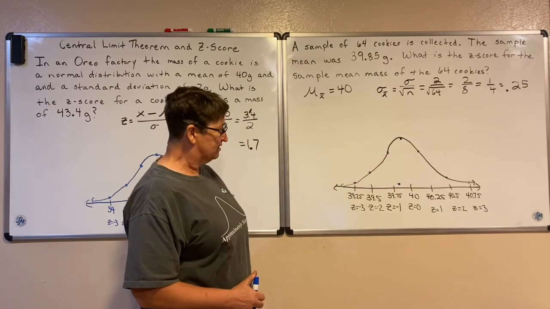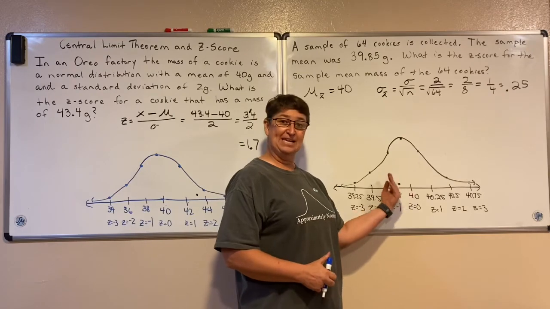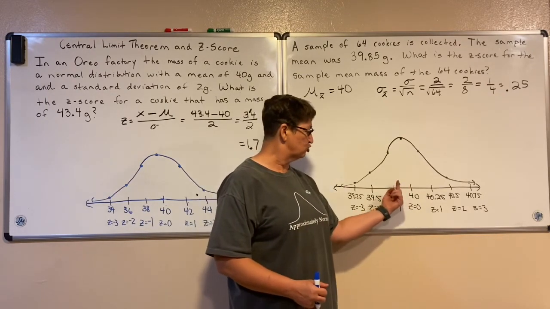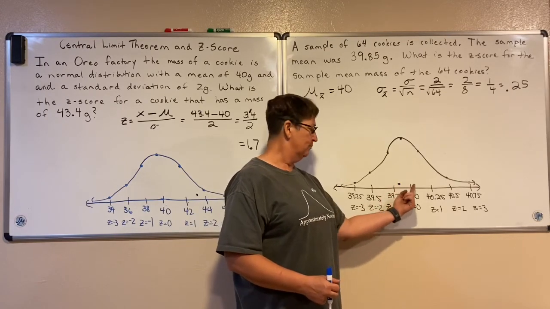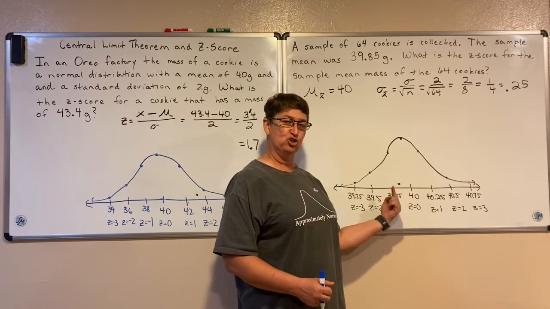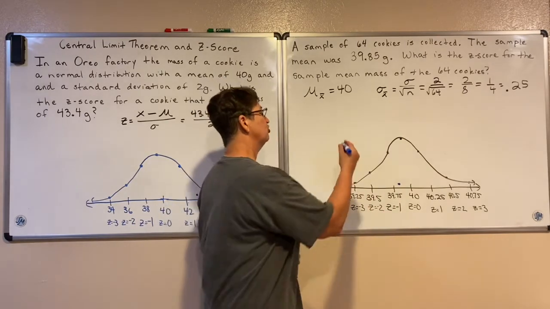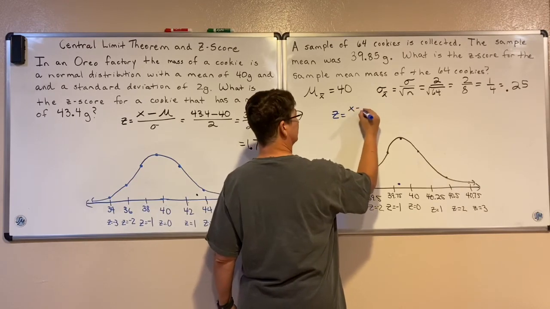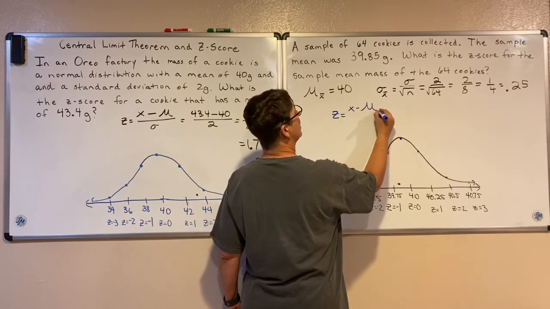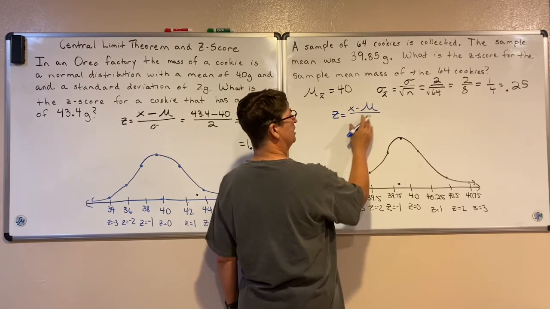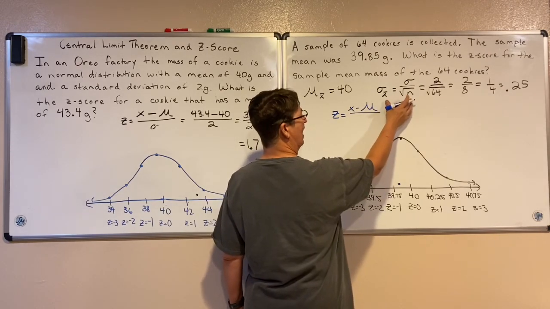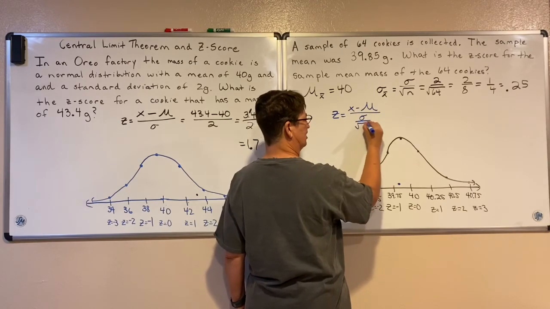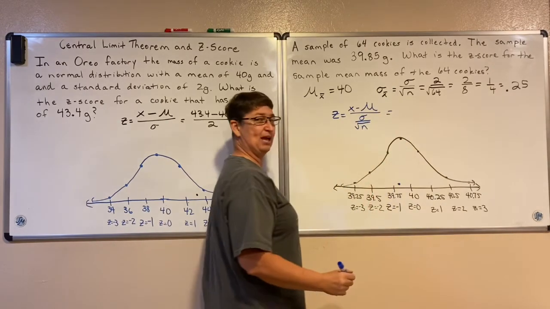Well, we can tell already that that z-score is going to be negative because it's below average. And that z-score should be less than 1 because it's not even 1 standard deviation below the mean. I'm going to use that same formula I used over here where I have x minus the mean. But notice that when I found the standard deviation here, I took my population standard deviation and divided it by the square root of the sample size.